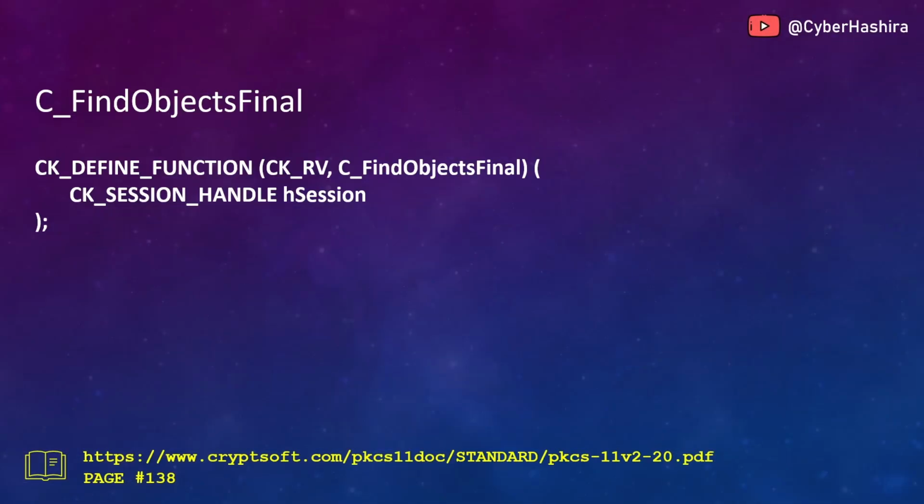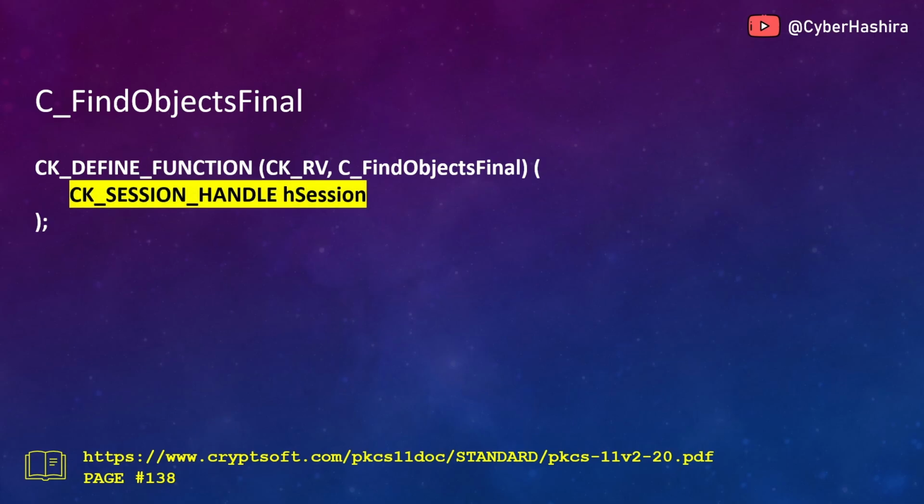And the last function for this video is C_FindObjectsFinal. You use it to tell Cryptoki that you have finished searching for an object. When you use this function, Cryptoki will clear out the memory it used when you started the search with C_FindObjectsInit. So it is a good practice to call this function at the end of a search.